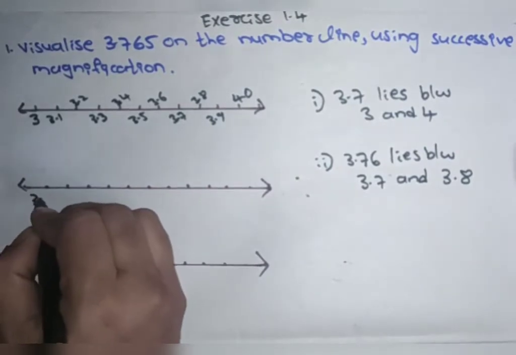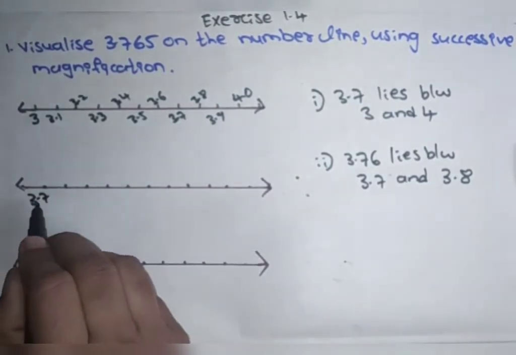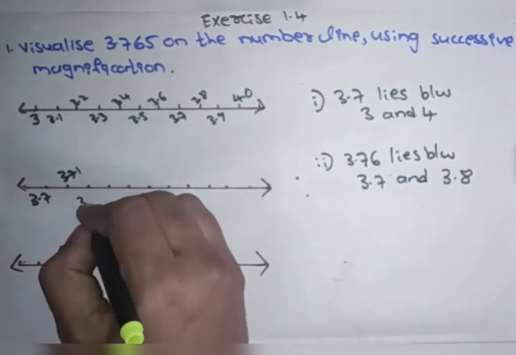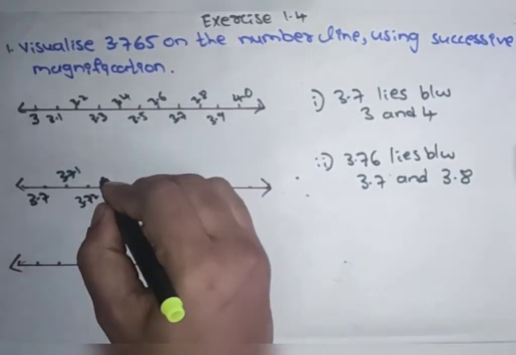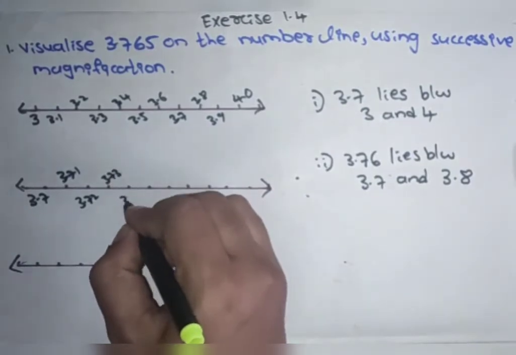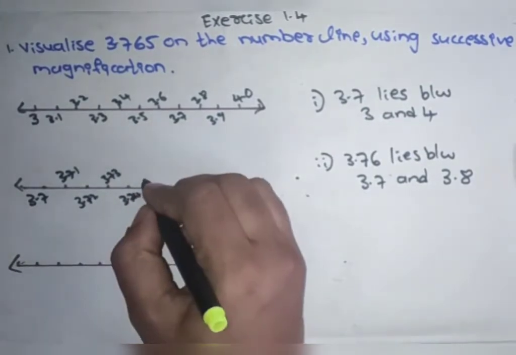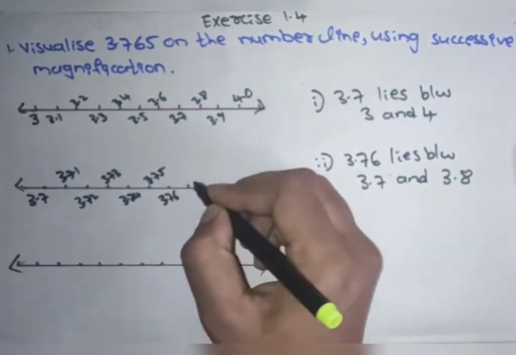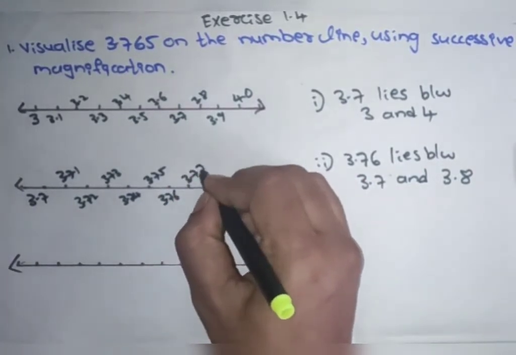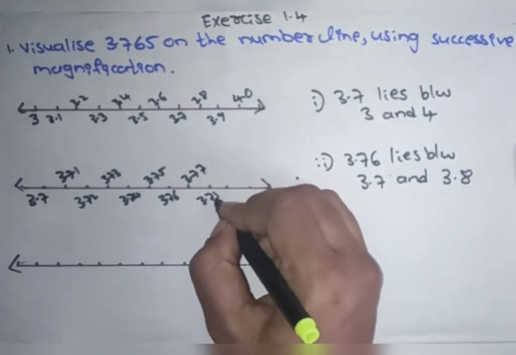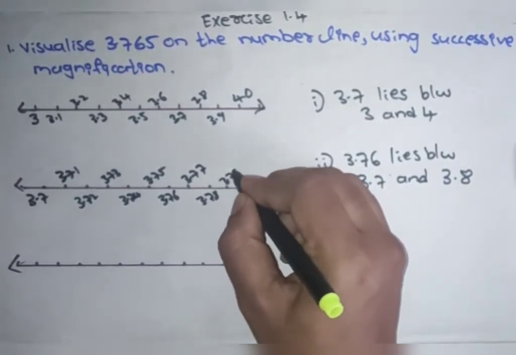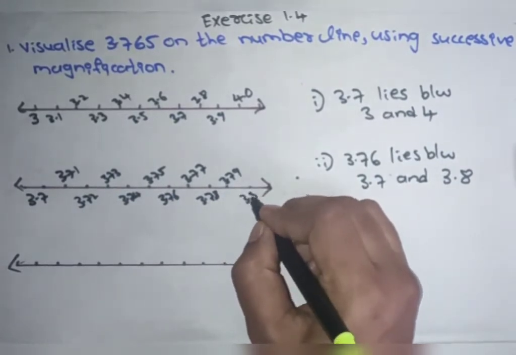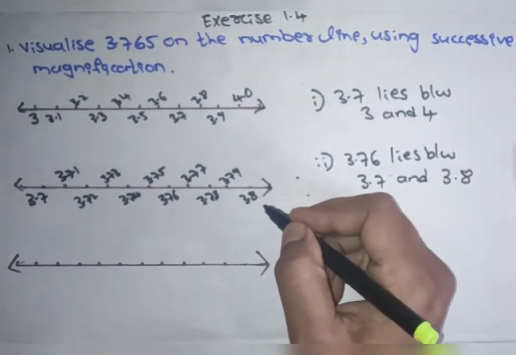First here 3.7. After 3.7 you have 3.71, 3.72, 3.73, 3.74, 3.75, 3.76, 3.77, 3.78, 3.79. After 3.79 you have 3.80, or 3.8.